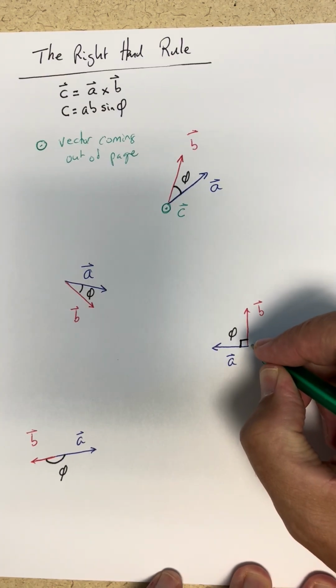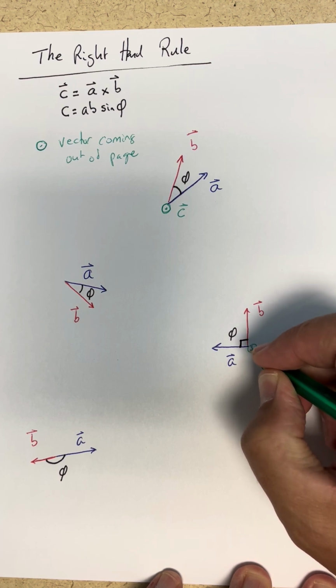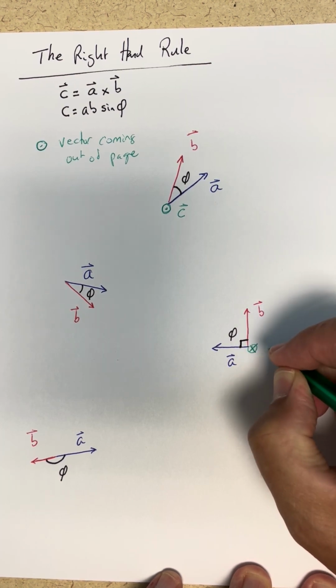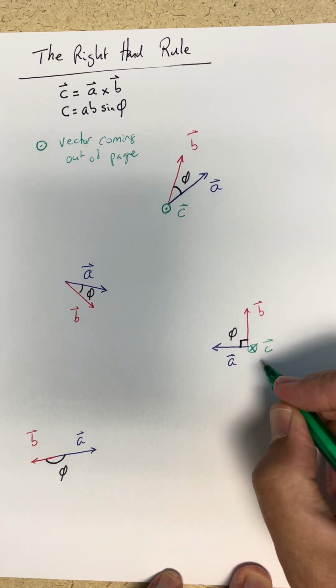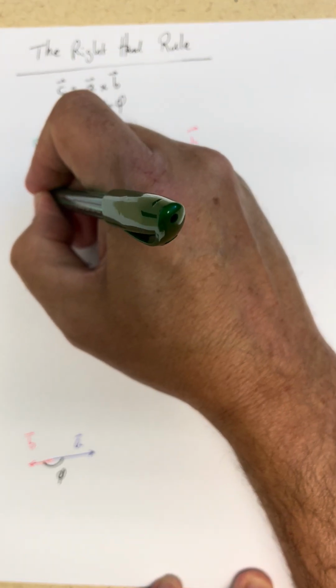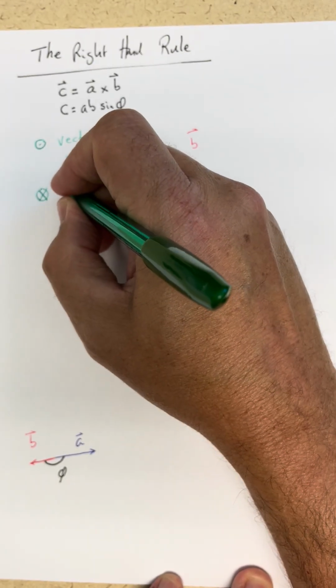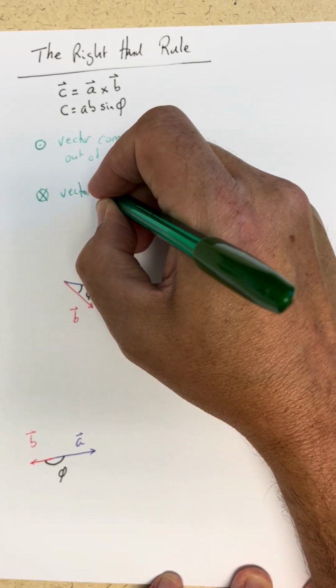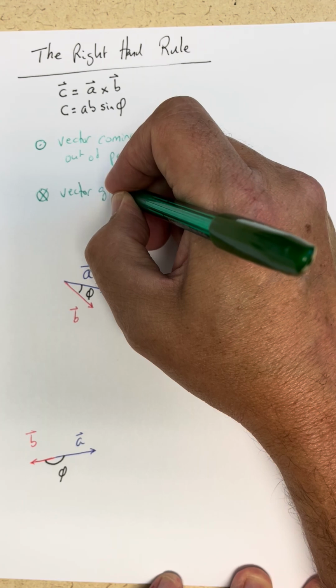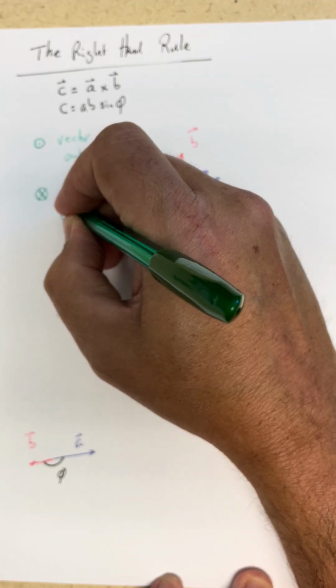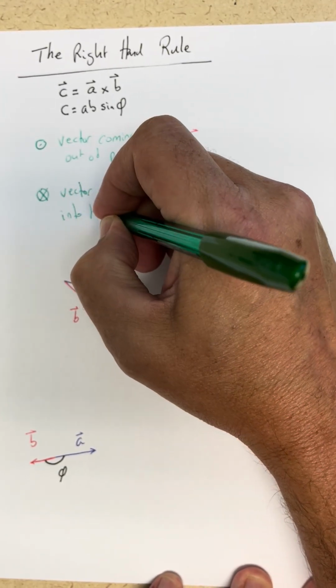So this is giving me a vector C that is into the plane of the page, and our notation for that is a circle with a cross. And that's a vector going into the page.